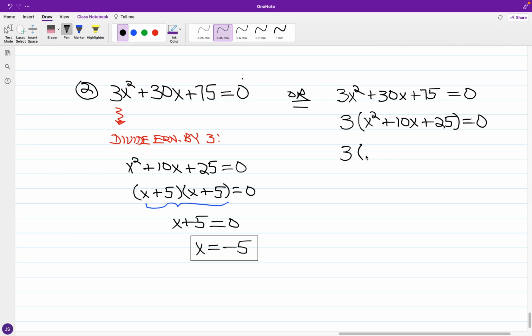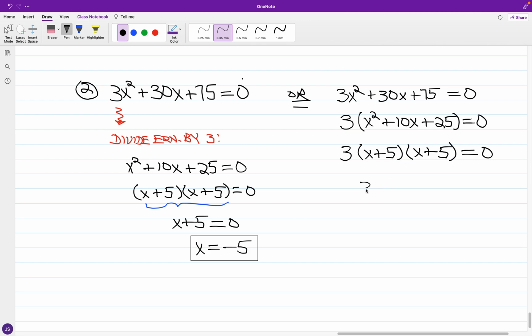And for x squared plus 10x plus 25, 3 times x plus 5 times x plus 5 is equal to 0.